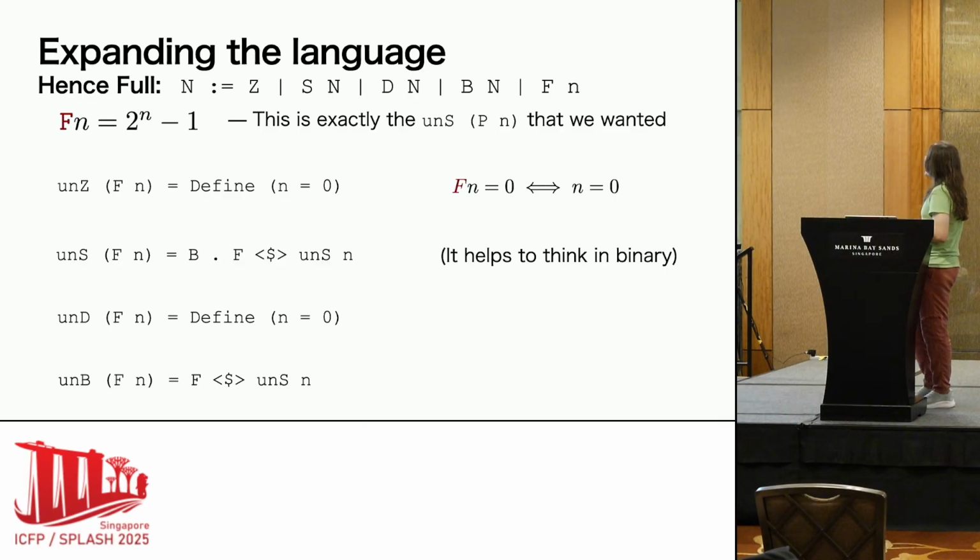Full of n is 0 if n is 0. I've cheekily added an effect to the fake Haskell here, because if we get to this case, then we can define n to be 0. We want that to bubble up to our unification environment. And it's a little bit nasty.